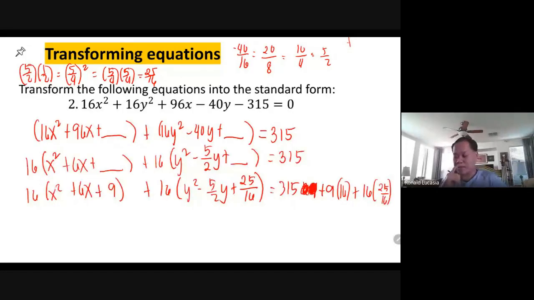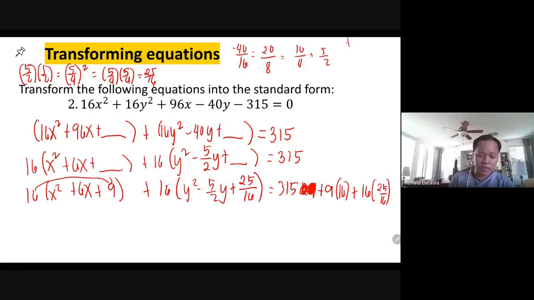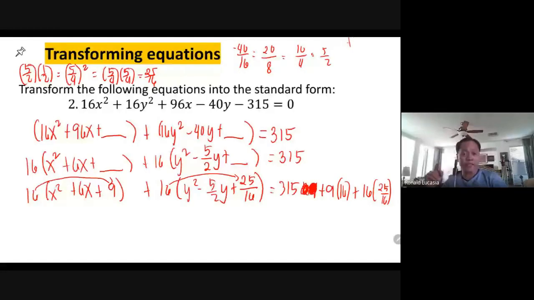Kasi may 16 ka dito. When you multiply this one, ito yan. Tapos pag multiply mo to, ito din yan. So okay lang yan kasi talagang common na akala ng mga estudyante ang dinagdag lang yung nasa loob lang ng parenthesis and they forgot that we have still a constant term outside the trinomial.